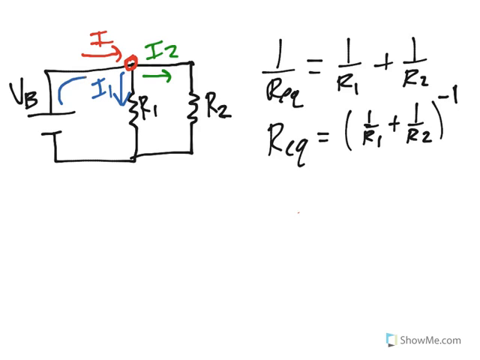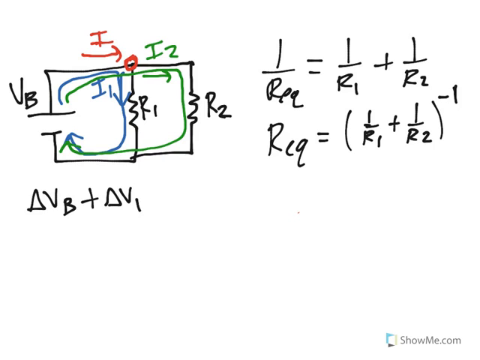This circuit has two loops embedded within it. So I can either go the blue path or the green path. Now if I go through the blue path, let's use my additive voltage. I start with my battery voltage. If I go along the blue, there's only one resistor I go through, and that's resistor 1. So I know that my battery voltage plus whatever drop goes through R1 has to equal 0, because I must get to a potential of 0 by the end.